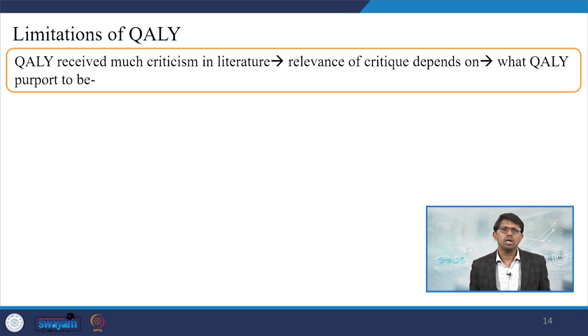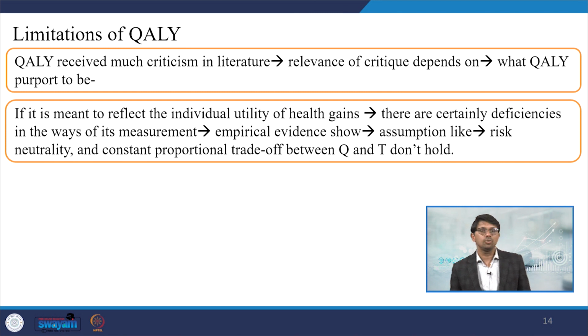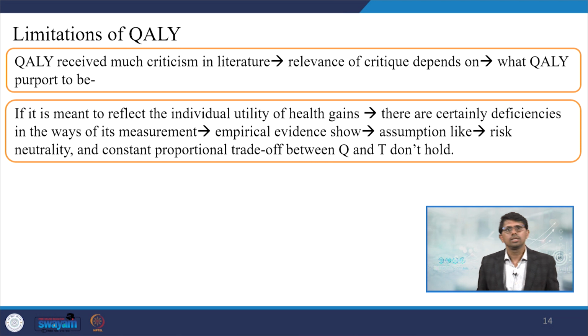QALY received much criticism in the literature. The relevance of the criticism depends on what QALY purports to be. If it is meant to reflect the individual utility of health gains, there are certainly deficiencies in the ways of its measurement and its empirical evidence.